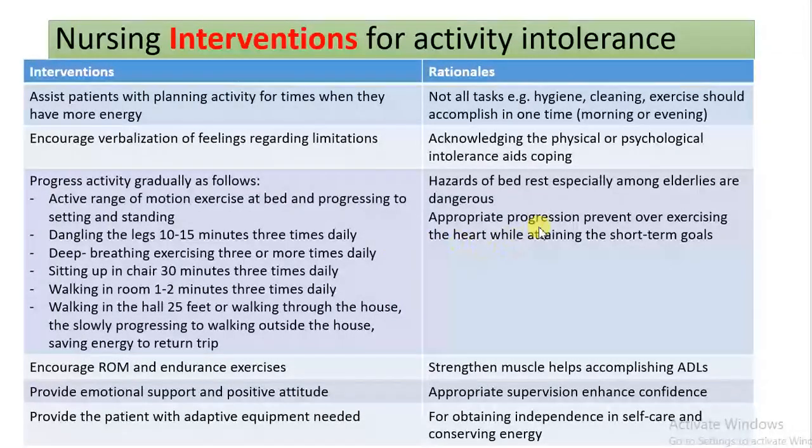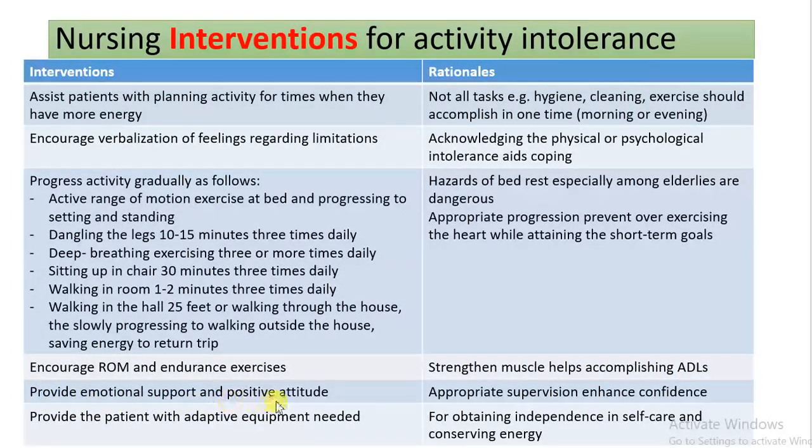Appropriate progression prevents these. With exercising, the heart and pulmonary system may have some problems like chest pain, palpitations, dyspnea, and so on. Encourage range of motion and endurance exercises. This helps them to strengthen muscles and helps in accomplishing daily activities.